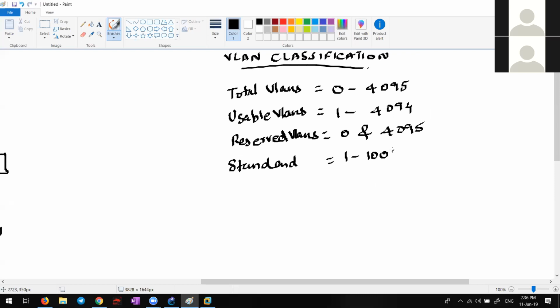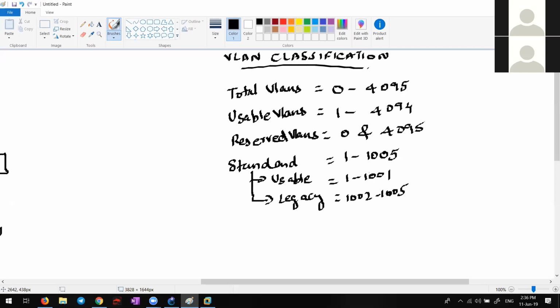But there will be 1000 till 1005, correct? In the standard itself, you can write usable as 1 to 1001, and legacy VLANs which cannot be used but are always there: 1002 to 1005, like FDDI, token ring, all legacy protocols. They're not used anymore, but those VLANs were reserved and are still there.